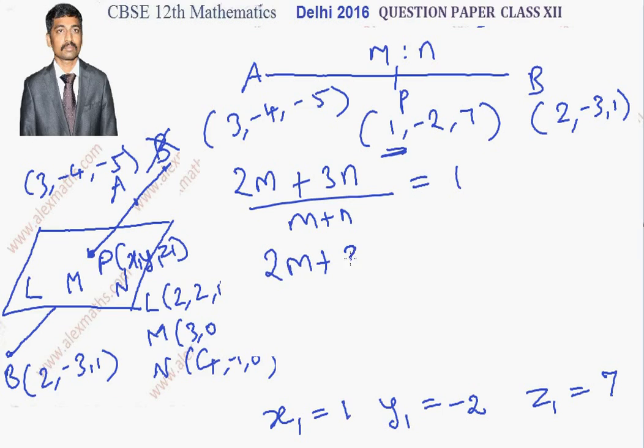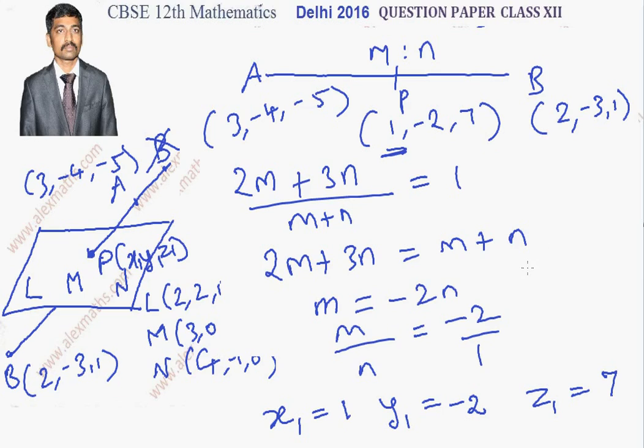So 2m plus 3n equal to m plus n. So m equal to minus 2n. So m by n is minus 2 by 1. Since the ratio is coming negative, the ratio is 2 is to 1, but it is dividing externally. So the point P divides the line segment AB in the ratio 2 is to 1 externally.